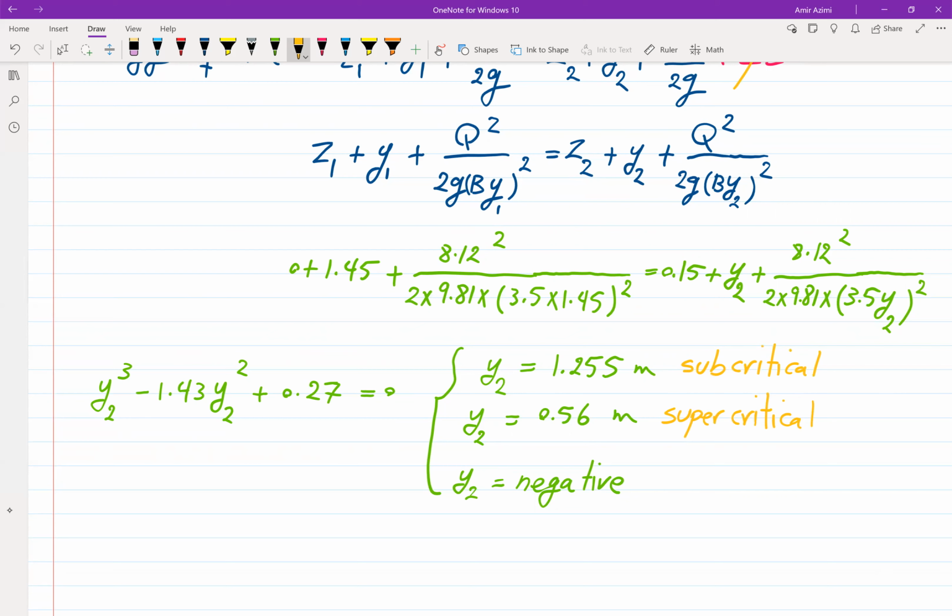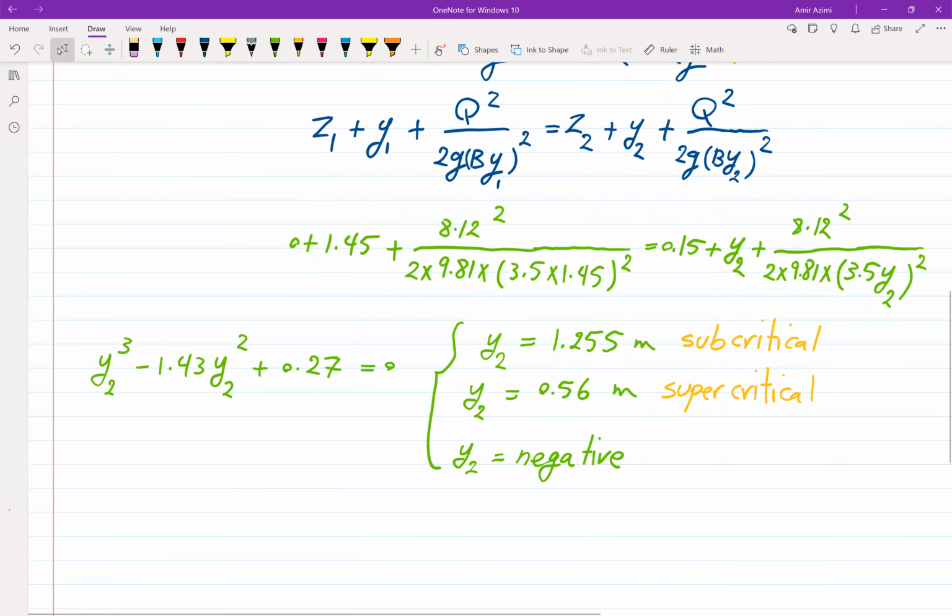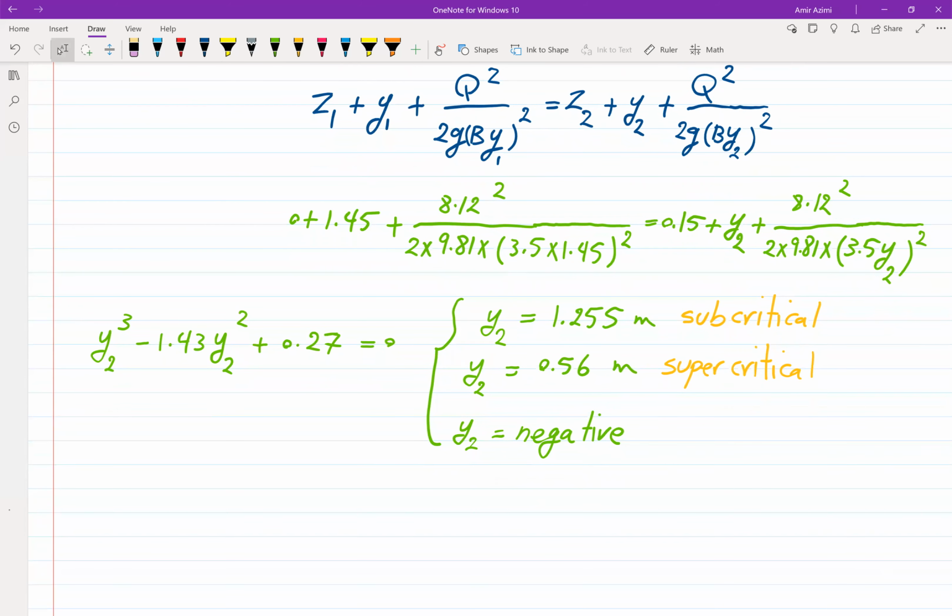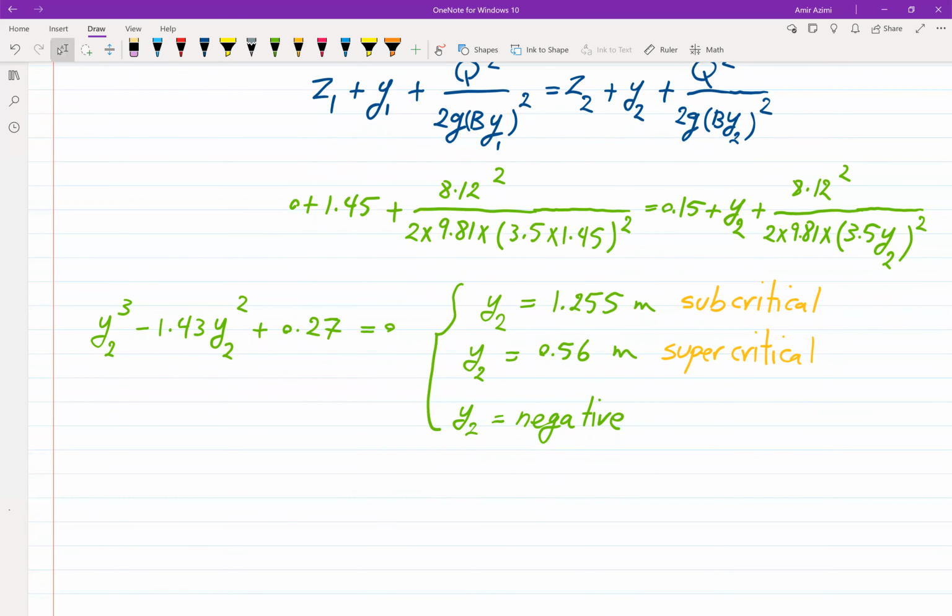So in future lectures, we'll find out that subcritical flow always remains subcritical, and supercritical flow always remains supercritical, unless you have hydraulic jump or flow over weir. So we don't have any hydraulic jump or flow over weir. So in that case, we need to calculate the Froude number to find out whether the flow is subcritical or supercritical.